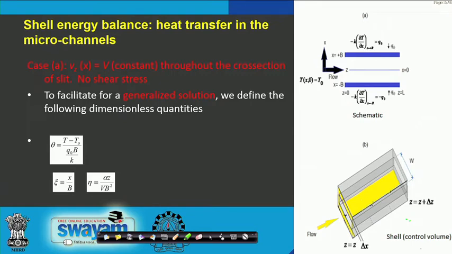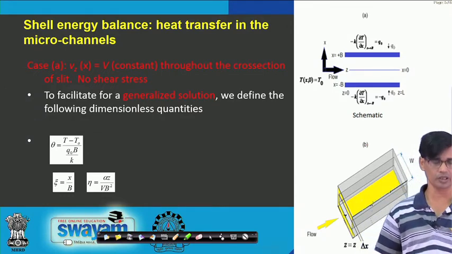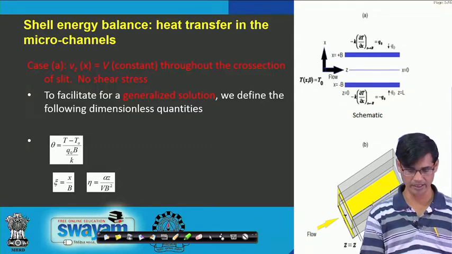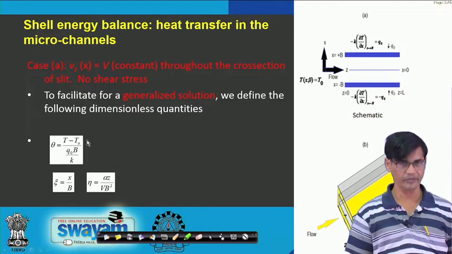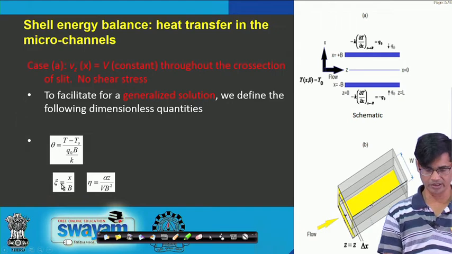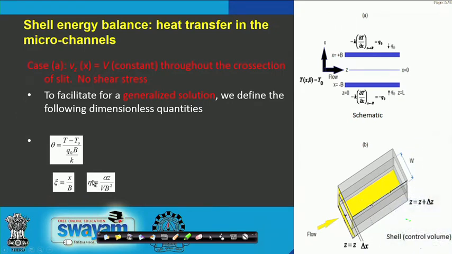But to find the general solution, we have to define certain dimensionless quantities: the dimensionless temperature theta, and zeta and eta. Zeta is for your x direction, eta for your z direction.